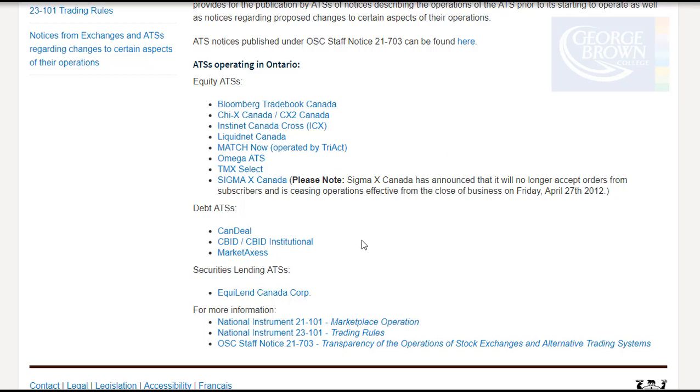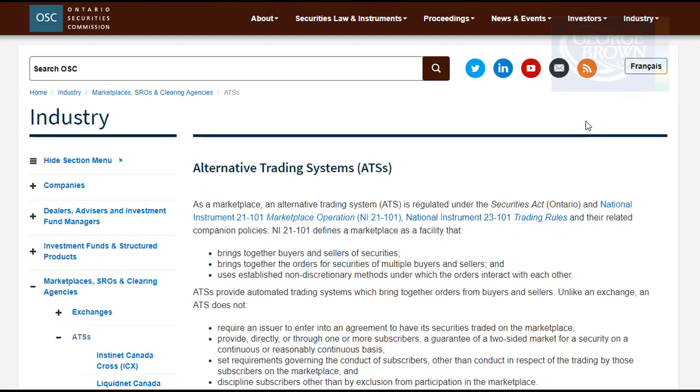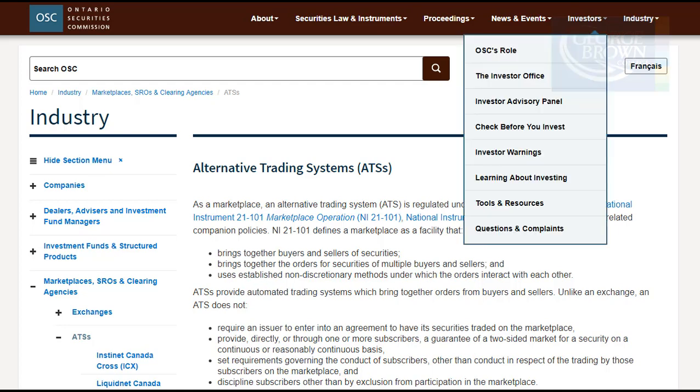In terms of debt, CanDeal, CBID, CBID Institutional, and Market Access. So just a quick overview of some alternative trading systems in Ontario, Canada.